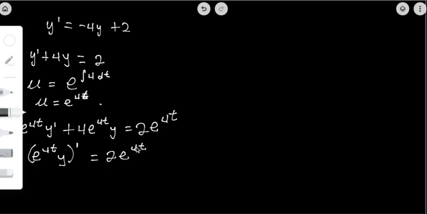Now, the first question was to find the integrating factor. The next thing, we are supposed to write the whole thing in total derivative. Remember that to write everything in total derivative, when you find its derivative, it must always be equal to 0.